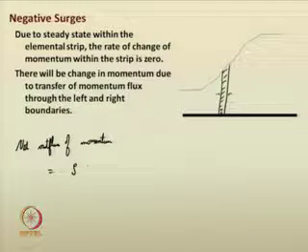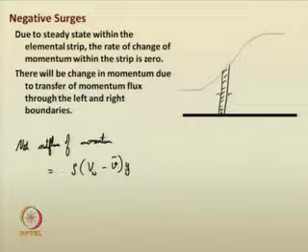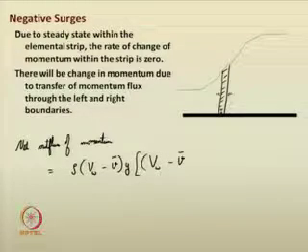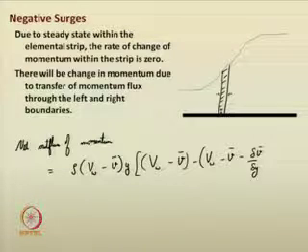This is nothing but rho times (V w minus V bar) into depth y into (V w minus V bar), minus (V w minus V bar) minus del V bar by del y into delta y.